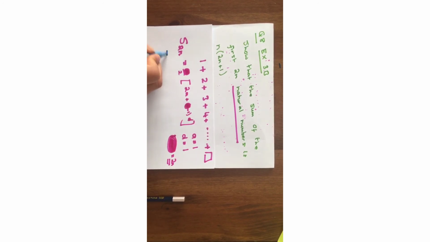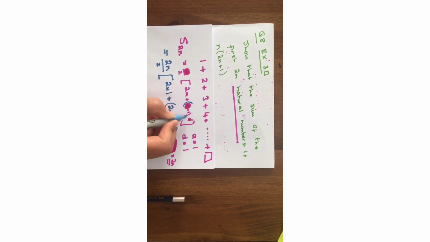So instead of writing the number of terms here it is 2n: 2 times 1 plus 2n minus 1 times d. Because the number of terms is 2n, a is equal to 1 and d is equal to 1.